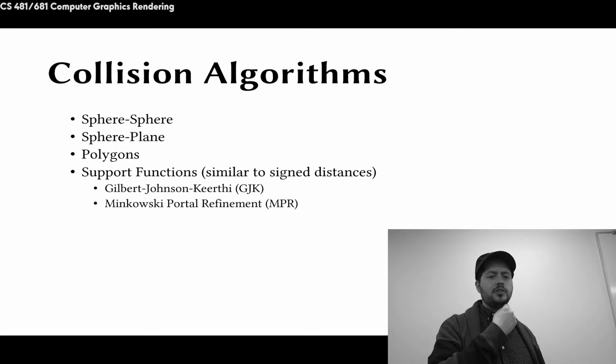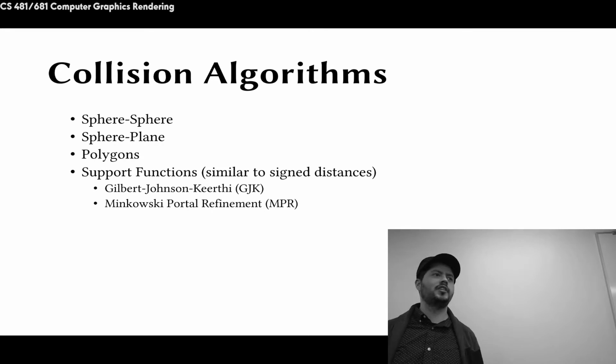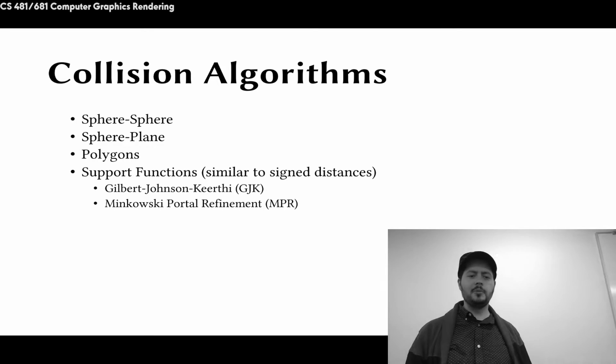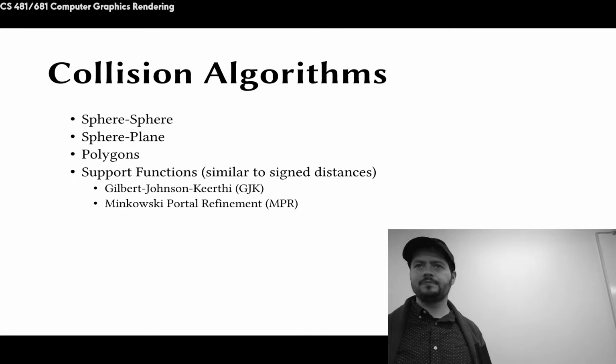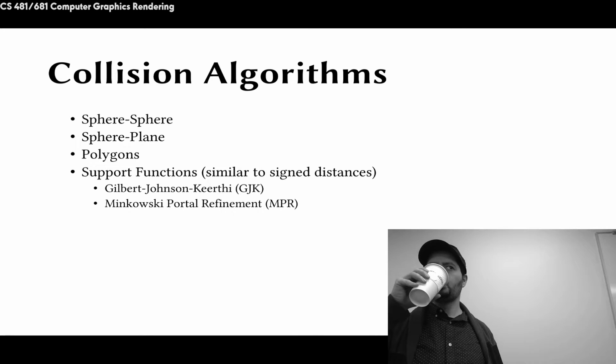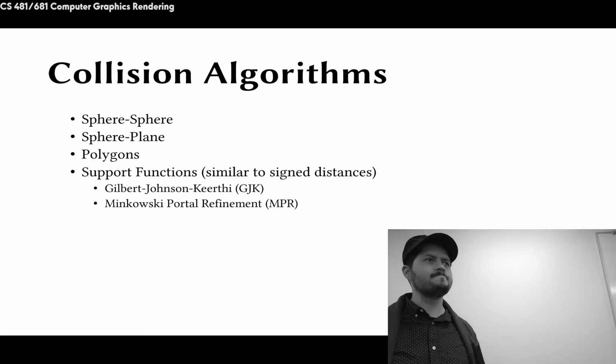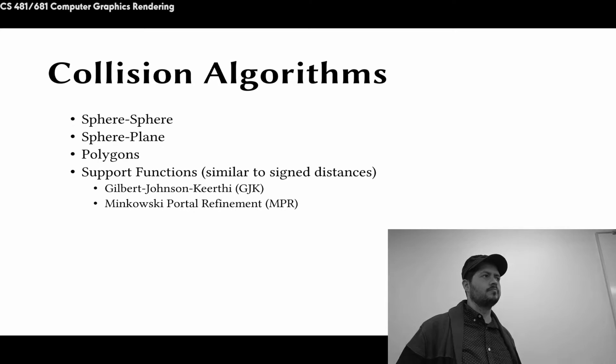Polygons. Anybody do some research on how you do collision detection with polygons? So now we want to get more generic, more general. But anybody have an idea how we are going to do polygon collision? Polygon on polygon?